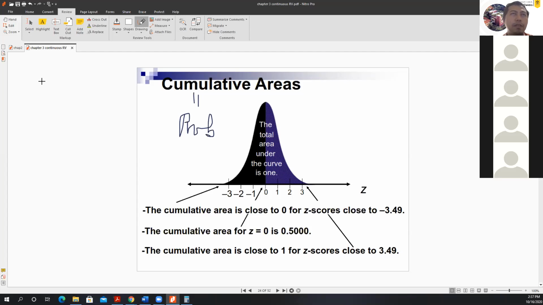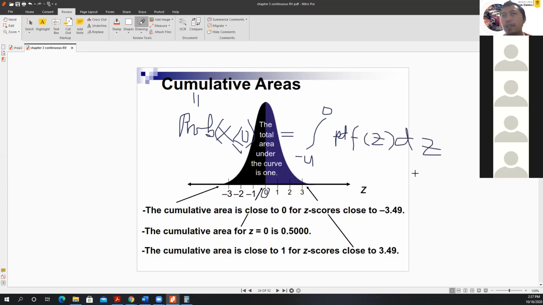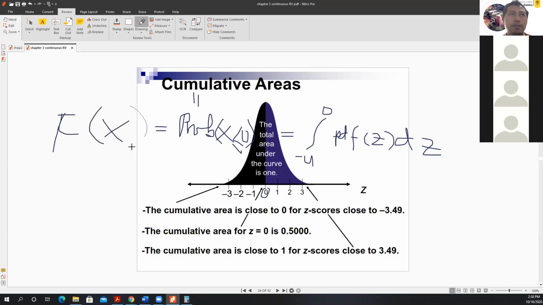For example, the probability of X less than or equal to 0 is equal to the integral from minus infinity to 0 of the PDF of z, dz. This is the cumulative, F of x.